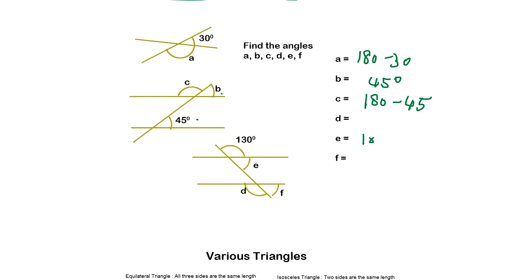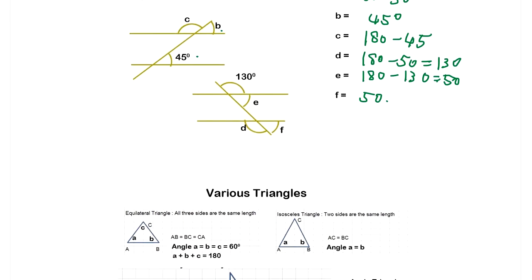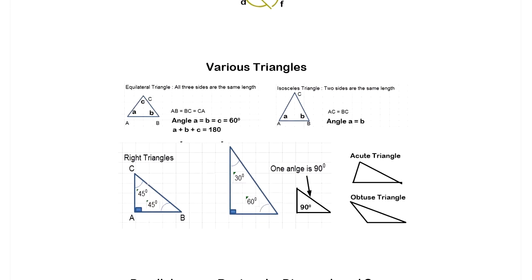E is 180 minus 130, right? So F is the same. If this is 50, then F is 50. Then D is 180 minus 50, right? 130. So you know the angles around parallel lines and the line that intersects the parallel lines.